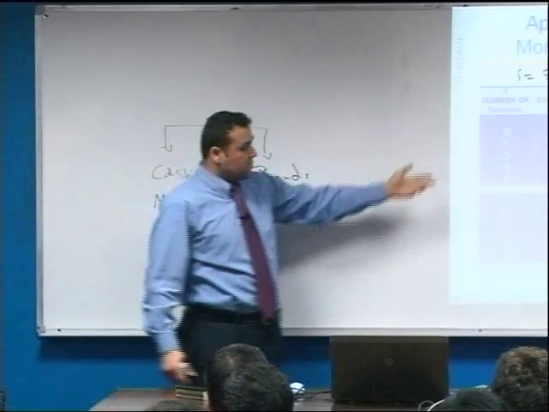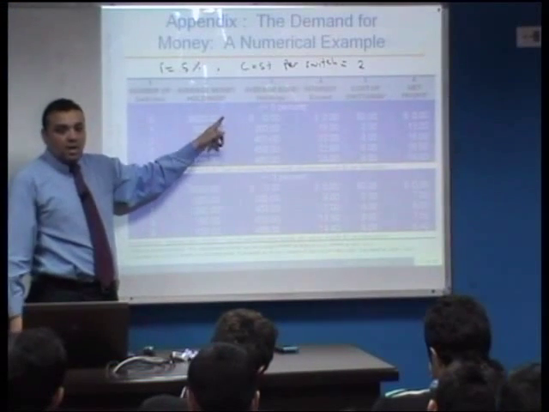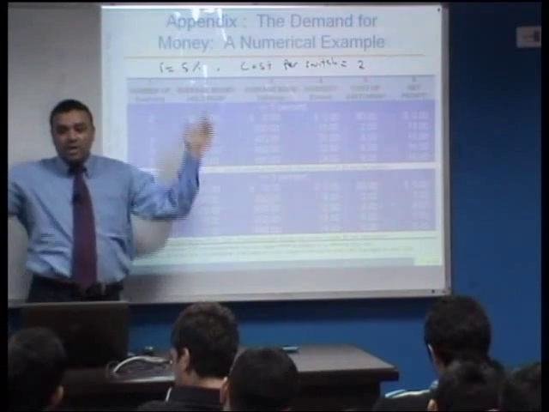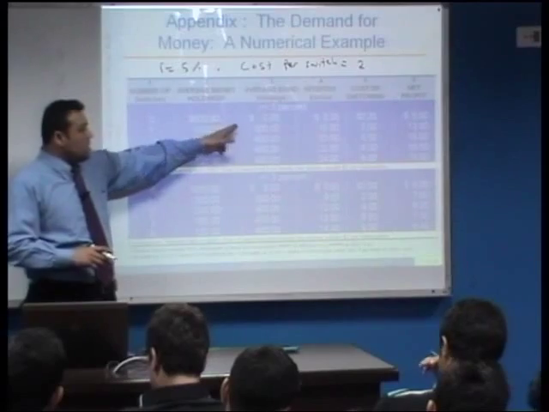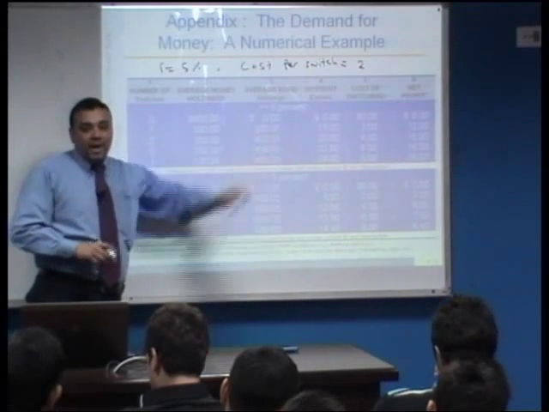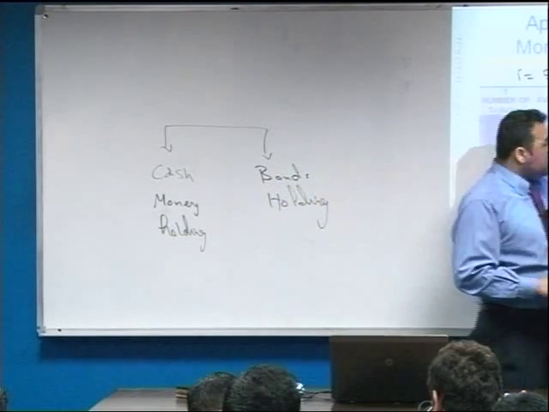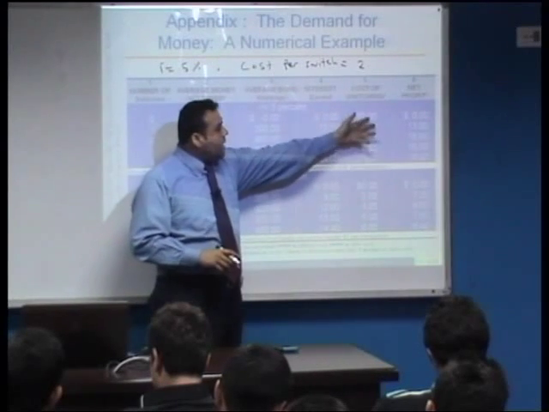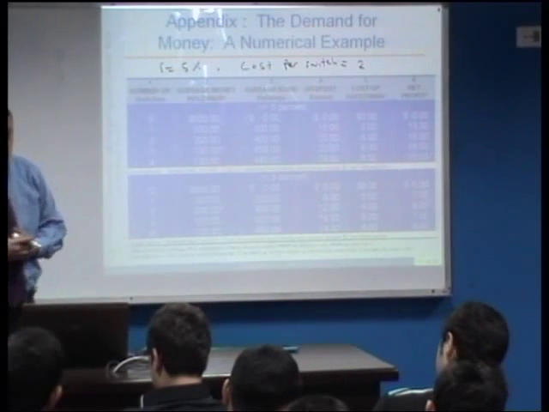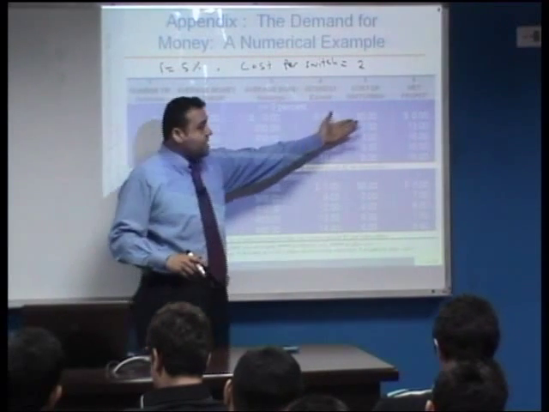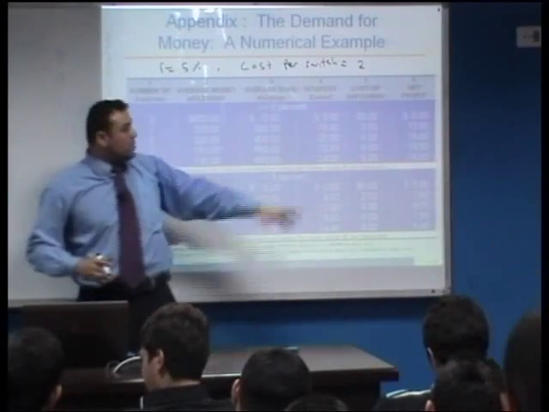For the first case, as we mentioned, the household prefers to hold the total amount as cash money, so they did not buy bonds, right? In this case, the interest earned equals 0, and the cost of switching is 0 because they don't have bonds to sell, and the net profits equal 0 as well.